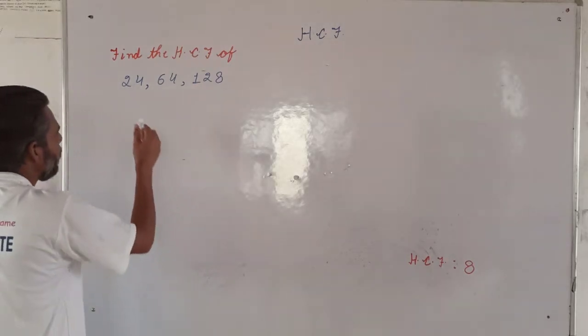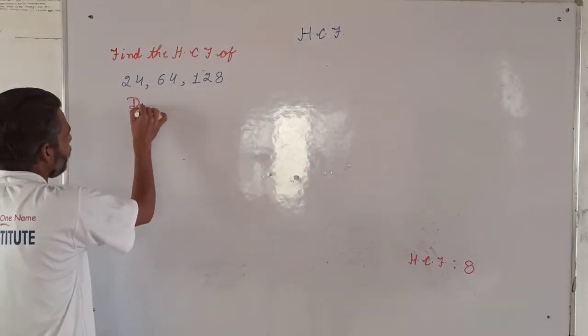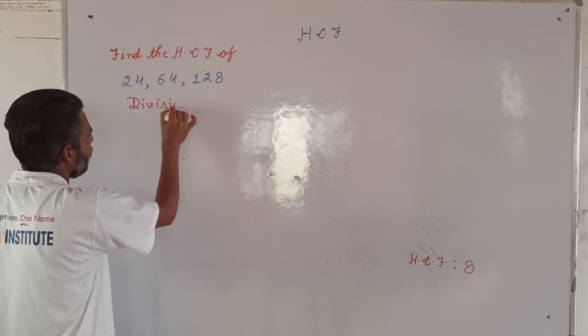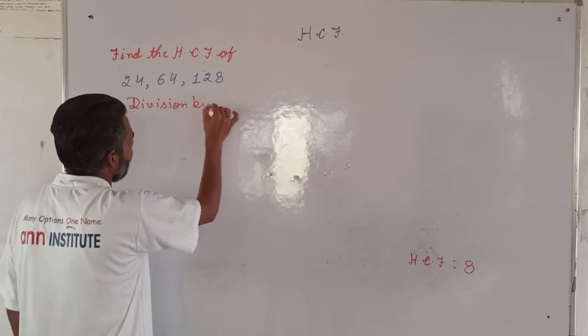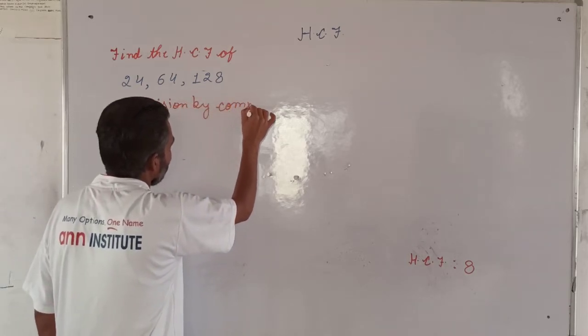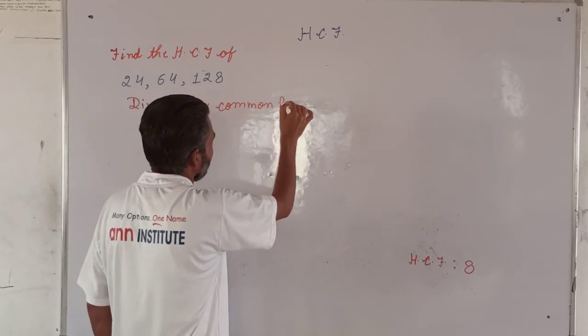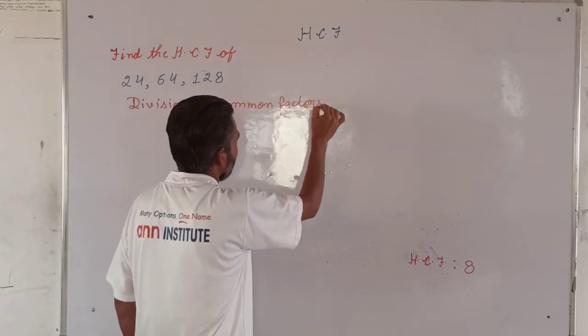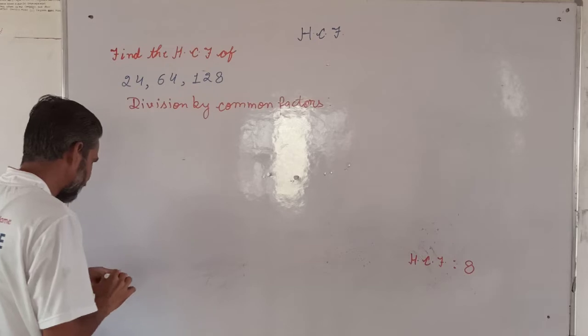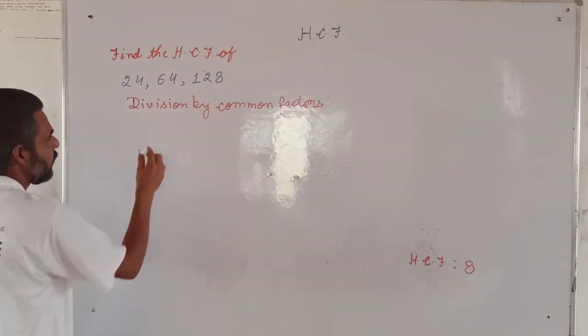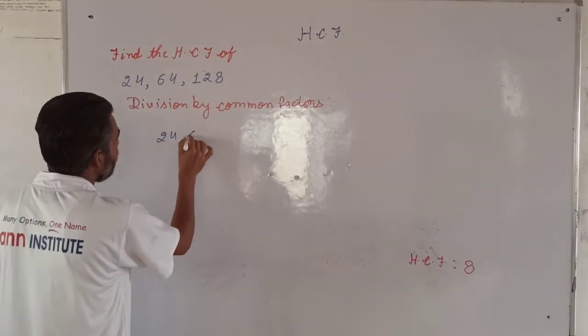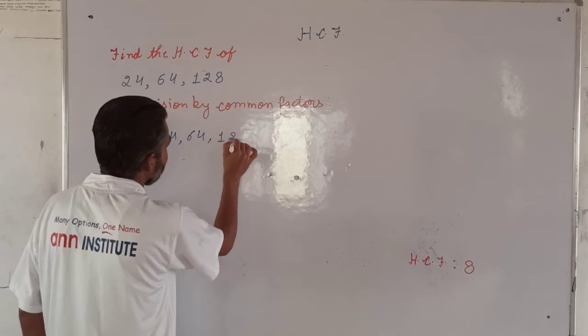Division by common factor. Again, I will write all these numbers: 24, 64, 128.